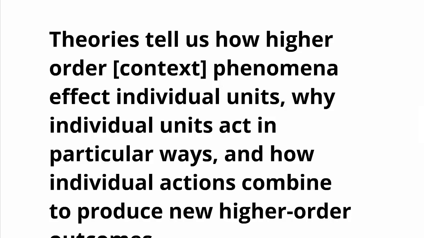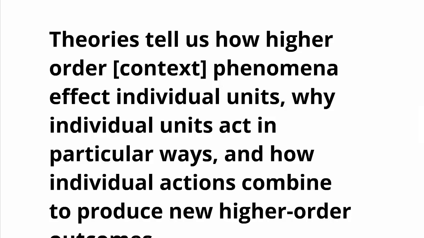Theories tell us that when the economy goes bad, it's going to tell us how individual people act and how individual people combine to form new collective outcomes. So if there's a run on the bank because you get a phone call saying, "Hey, all the money's gone in the bank, your home's being foreclosed on," how are individuals going to act, and how do those individuals combine into a new outcome?